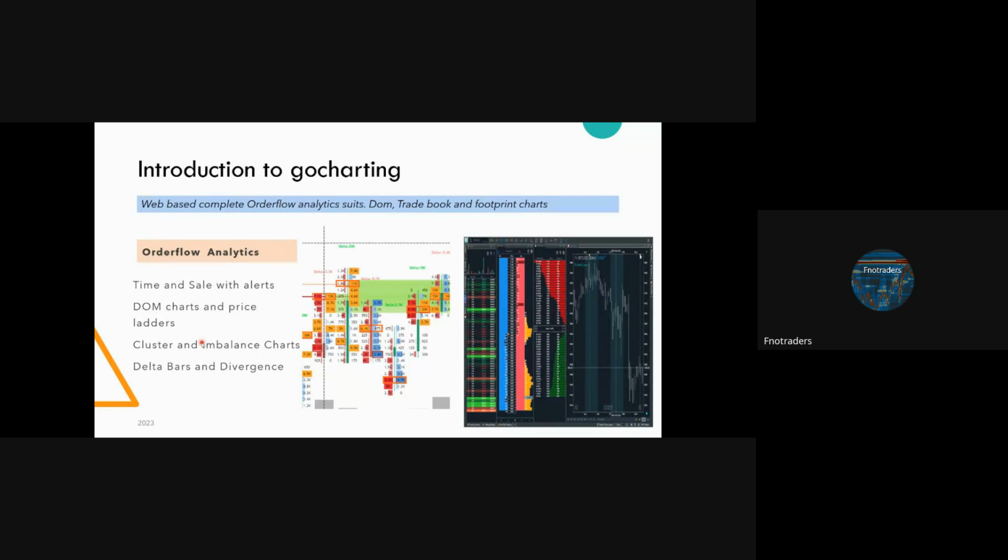Because understand all this data, time and sales, order flow, etc., is very fast moving information, and it is changing at a very fast rate compared to price and other things. So we need a lot of visual comfort in terms of how we are seeing this data, how we are presenting the data in our own charts, monitors, etc., so that we are able to follow it.